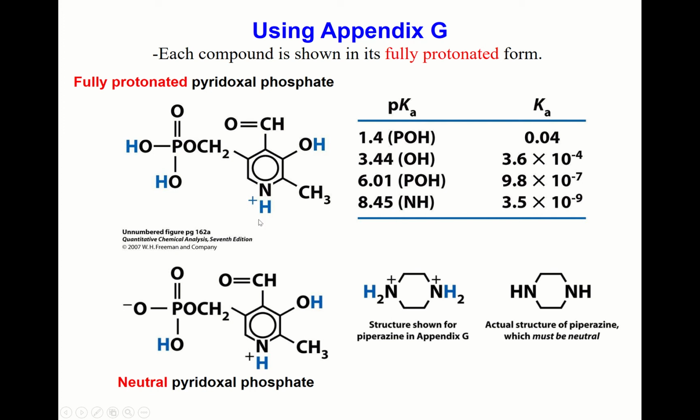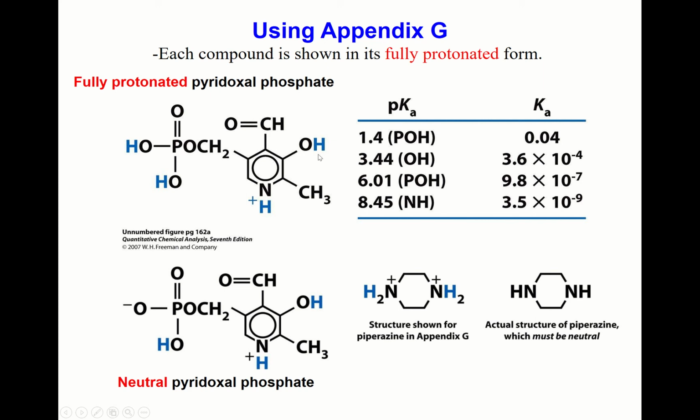Among the 4 protons, which one is the strongest, most easily deprotonated? Here, this POH, one of these. These protons are equal, and one of these is easily deprotonated, and in that case pKa is only 1.4. Ka is 0.04. And then which one is the next most easily dissociated?